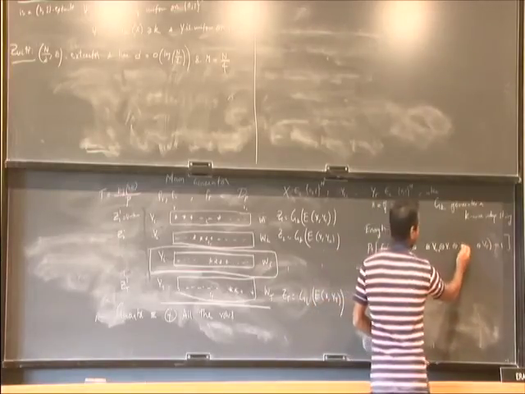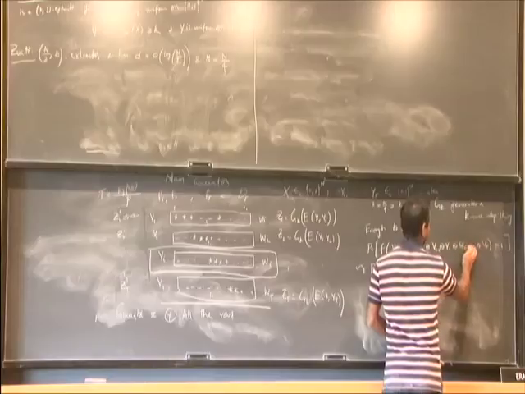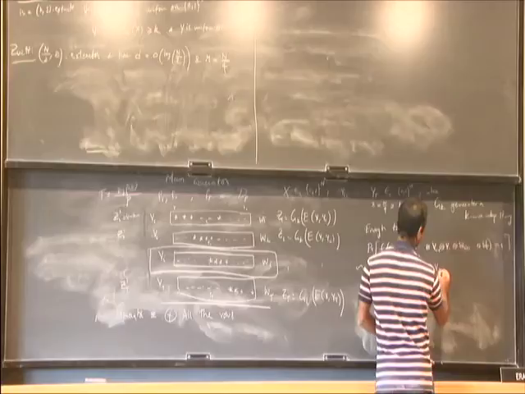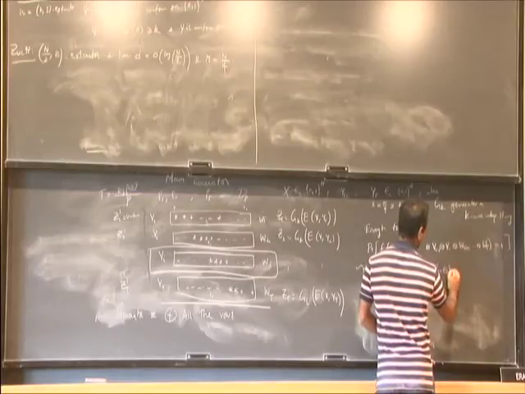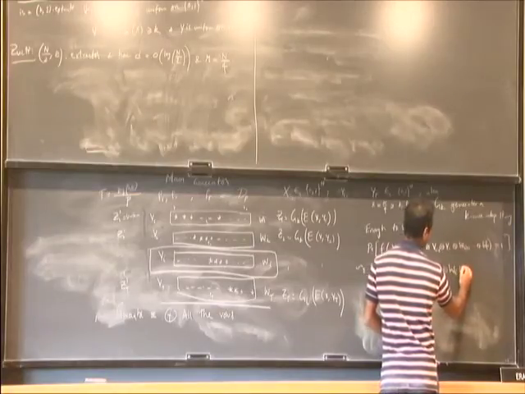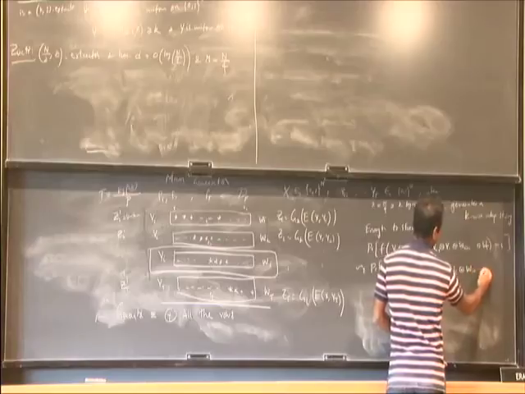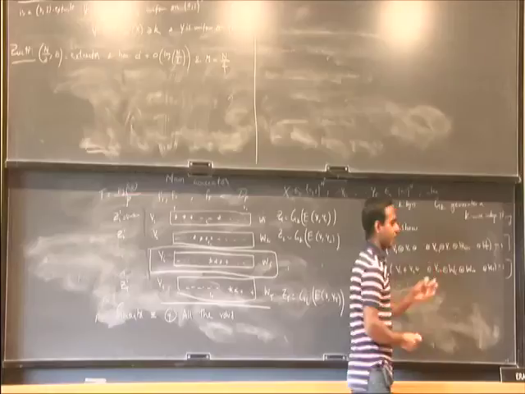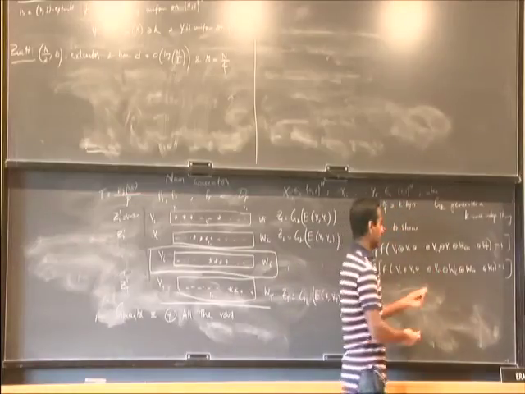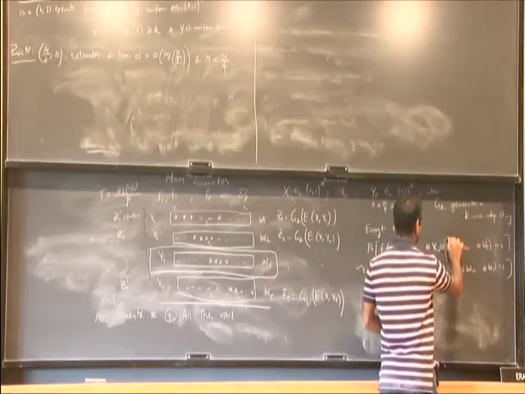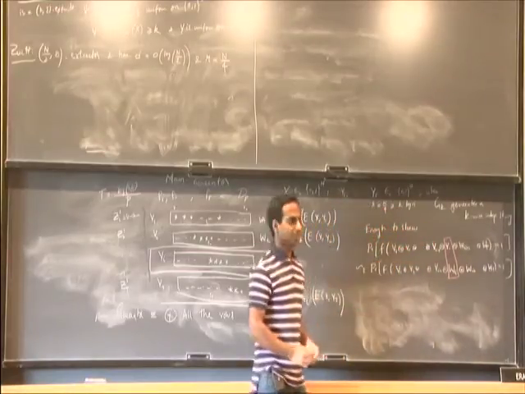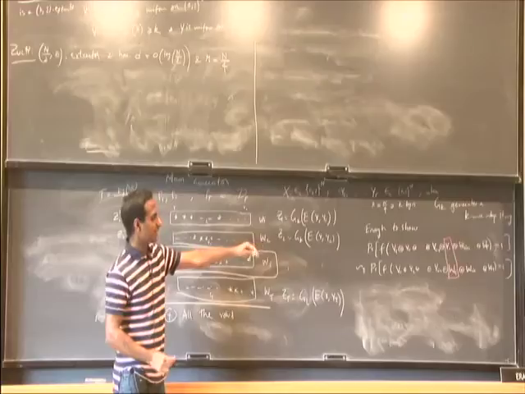Sorry, this should be wi plus 1. So this is just a hybrid argument. I wrote it formally here. You have a difference here. That's it. Everything else is the same except in the ith position. So if I show this, I'm basically done.